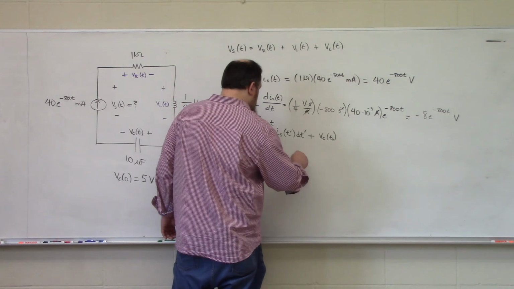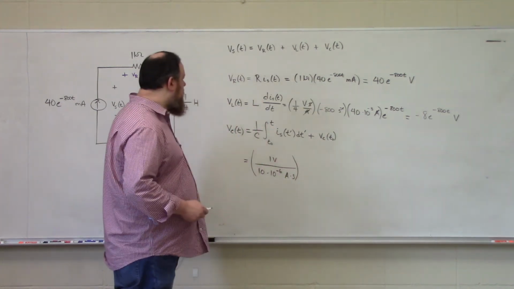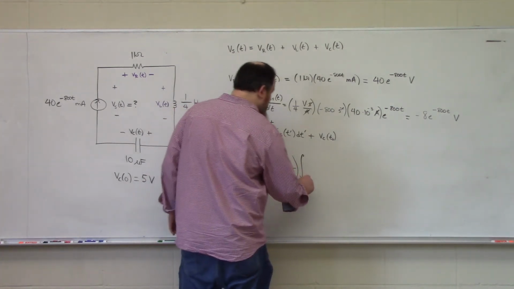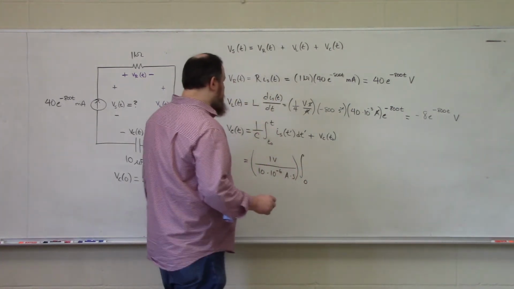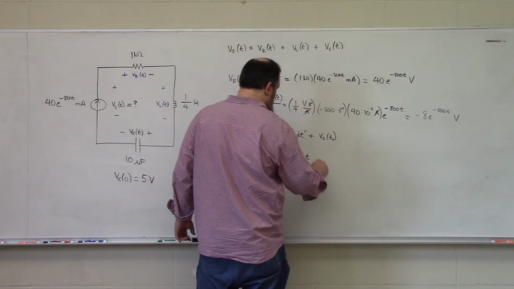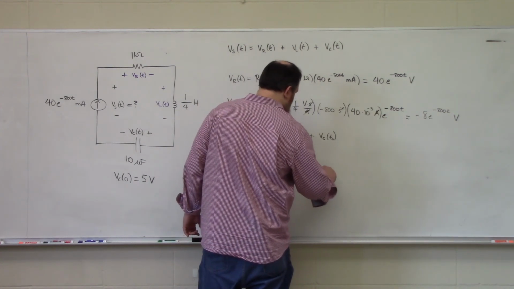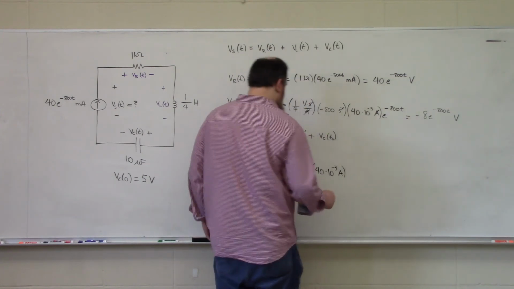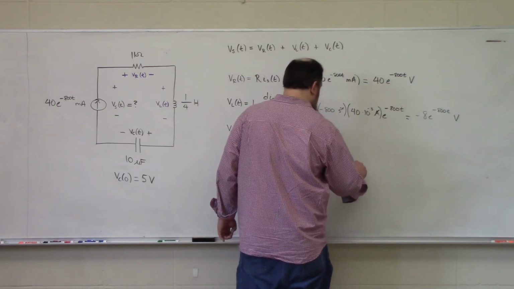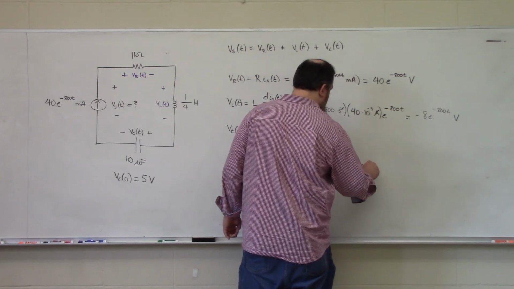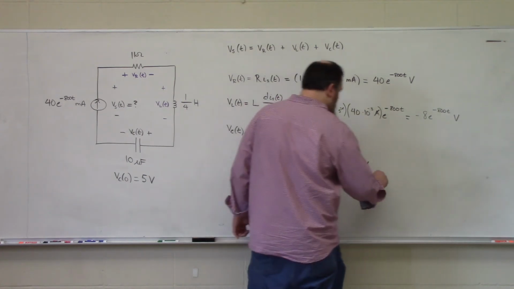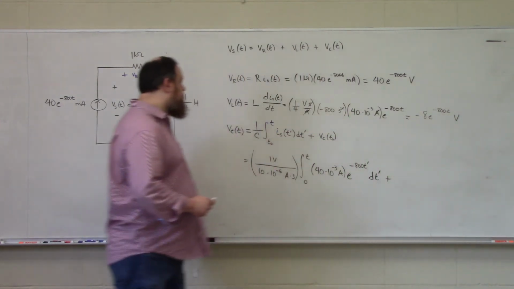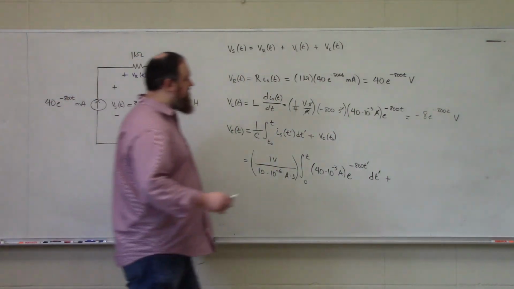So that's my 1 over c term. I'm going to integrate from t is equal to 0 to t of my 40 times 10 to the minus 3 amps e to the minus 800 t prime dt prime plus my initial condition, which I'm told is 5 volts.